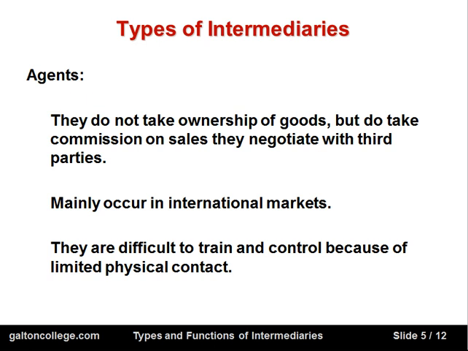They are difficult to train and control because of limited physical contact. So the agents are almost free agents. They simply come into the market, do a negotiation, bring the two parties together and take a commission. Normally, as I said, for agents, particularly operating in the international sphere, the commission can be quite large and the contracts very large indeed.